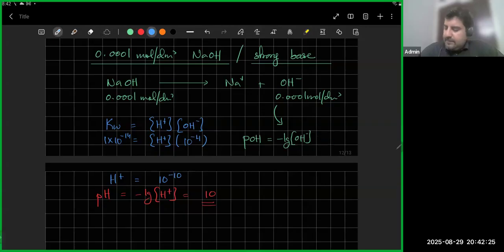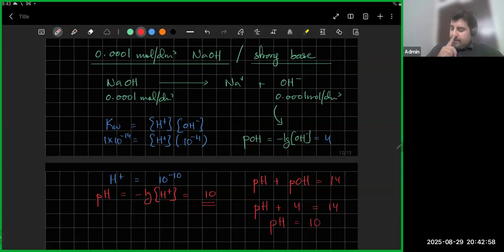This is 10 power minus 4, so if I take the log, it gives me minus 4, and if I multiply it by minus 1, that gives me 4. So I got the pOH. Then I would have used the pH plus pOH expression, which is equal to 14. So pH plus 4 is equal to 14, and my pH would have come out to be 10.